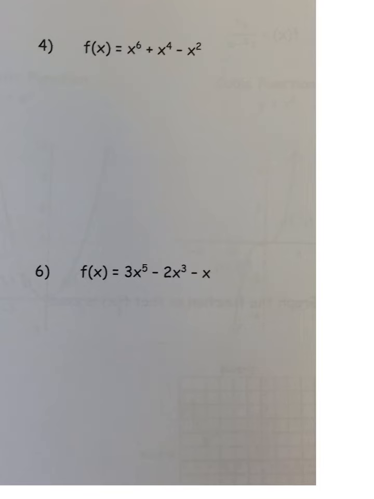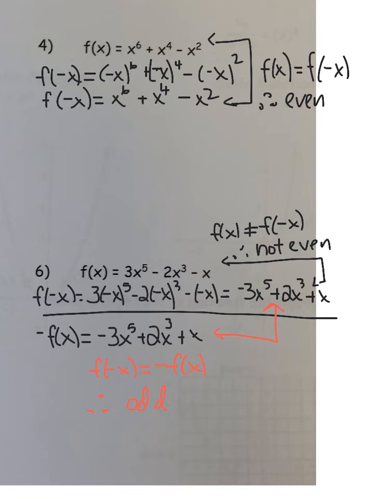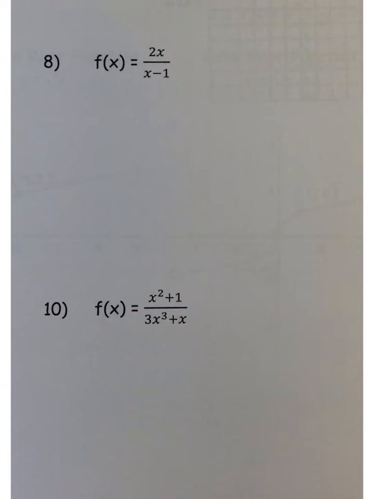Okay, so pause me, do the evens on page 33. And then turn the video back on and check your answers. All right, so there are your answers to 4 and 6. Maybe pause me, check them out, see if you got the same thing, and then I'm going to post 8 and 10. And here are your answers to 8 and 10.